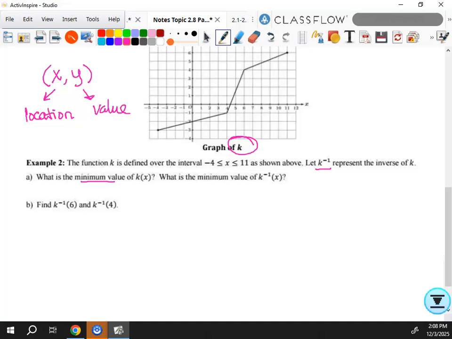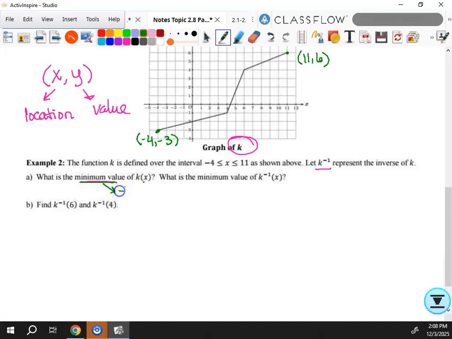The value, any kind of value of a function will always be the output. So let's label the maximum and minimum here. This point is negative 4, negative 3, and this point is 11, 6. But if I want the minimum value of k of x, what is that?